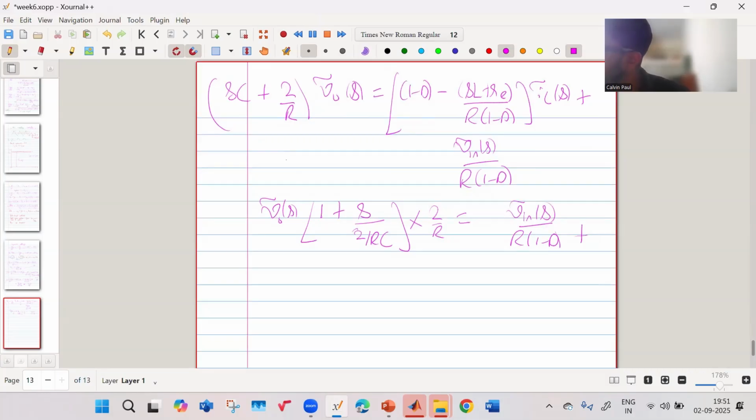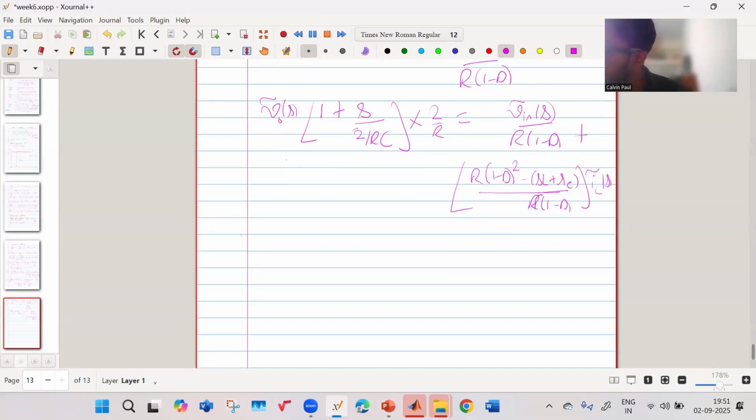How do you simplify this? You make this as 1 minus D, you remove common, or you do 1 minus D R into 1 minus D square minus SL plus RE, the whole divided by R 1 minus D into IC per turb of S.